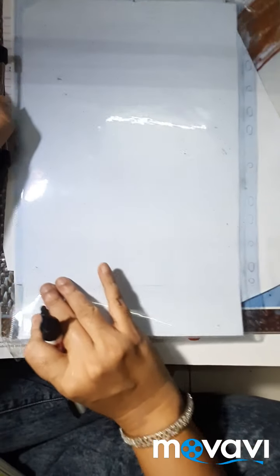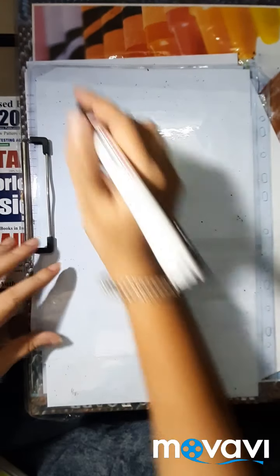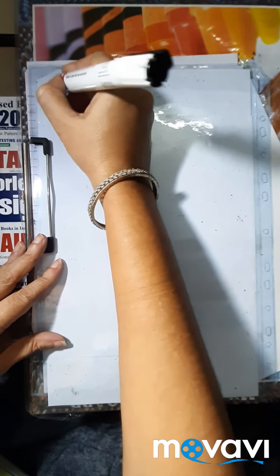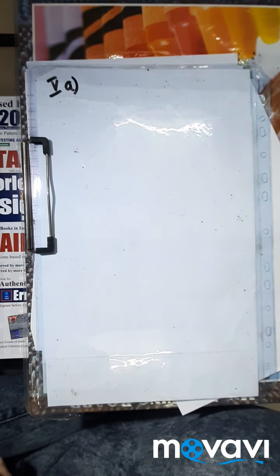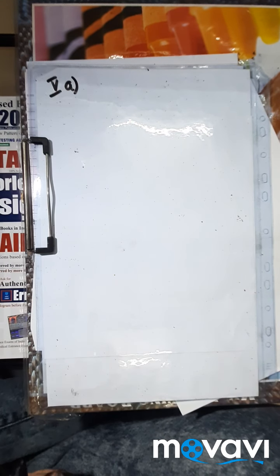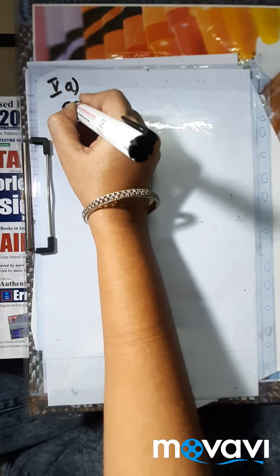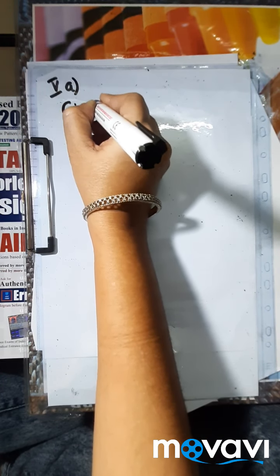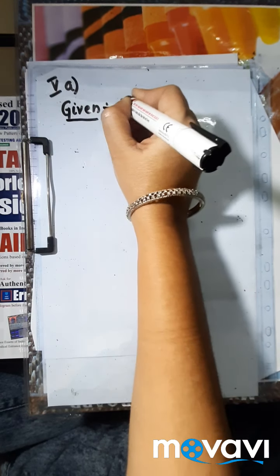Now that question, let us take it here. The first question is my question 5A. An object takes 5 seconds. So what is given? It is given that an object takes 5 seconds.